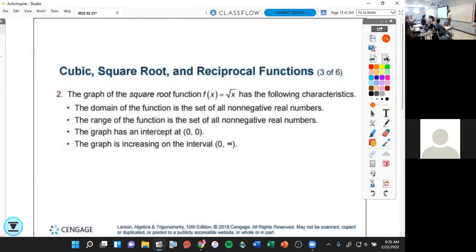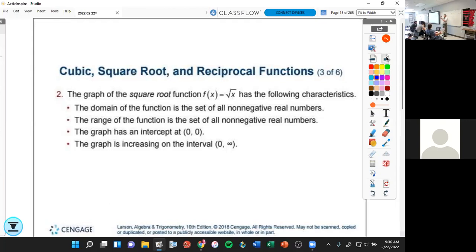Square root function, domain. What can you take the square root of? Positive numbers or 0, non-negatives. So the domain is all non-negative real numbers. The range, all non-negative real numbers. The graph that I drew was going up.